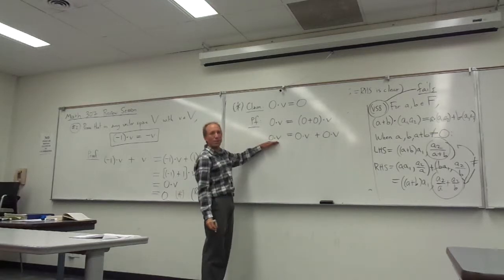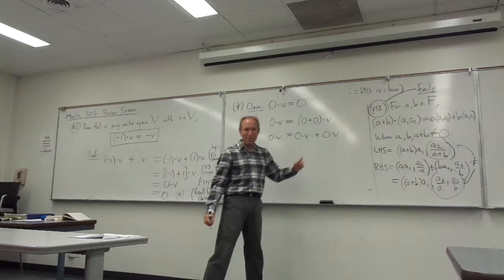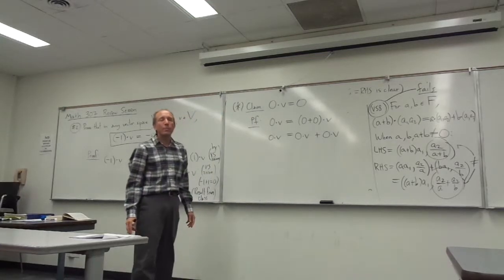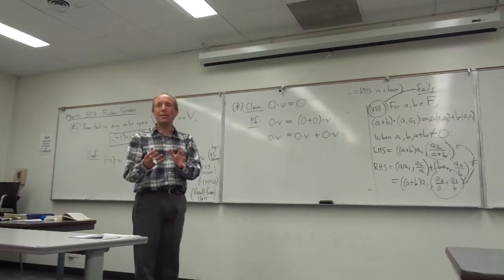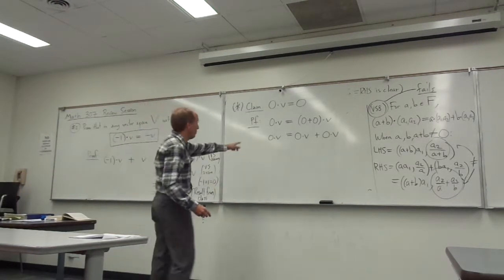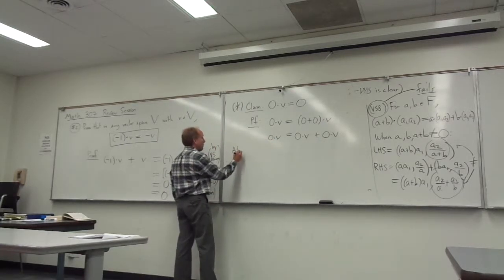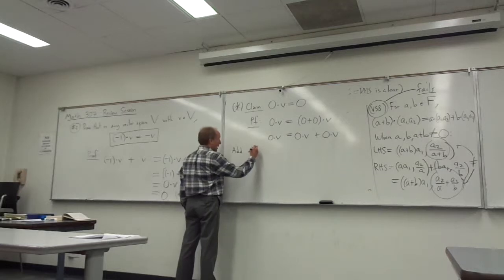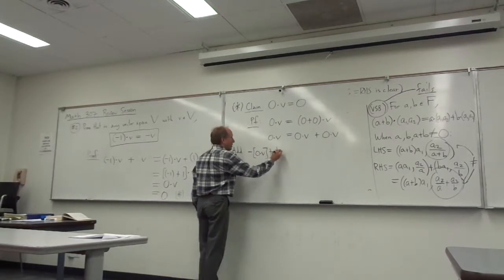So the left side I've got 0 times v. The right side I've got 0 times v plus 0 times v. Okay, subtract. Let me just be really correct about it and say that we're going to add the additive inverse of 0 times v. Every vector has an additive inverse. So the additive inverse is the negative of 0 times v to both sides.